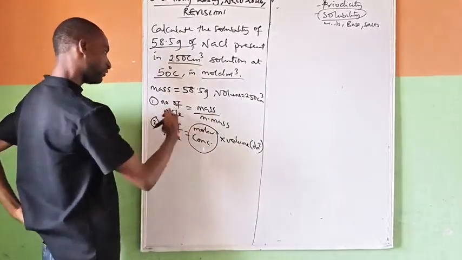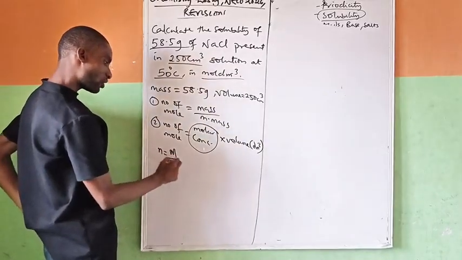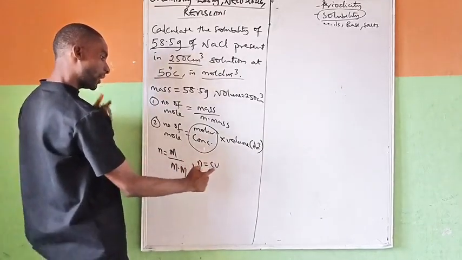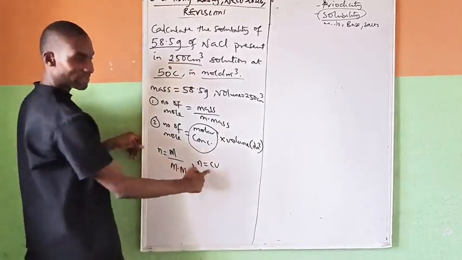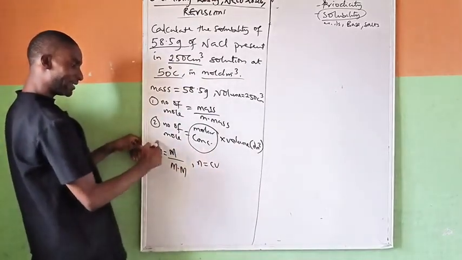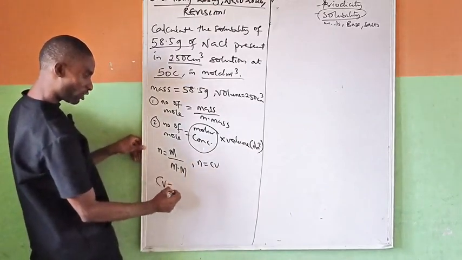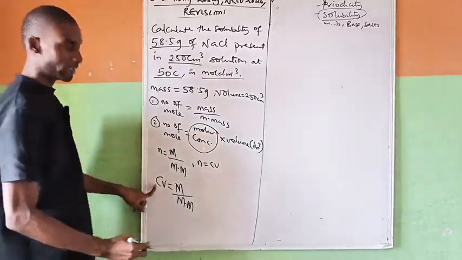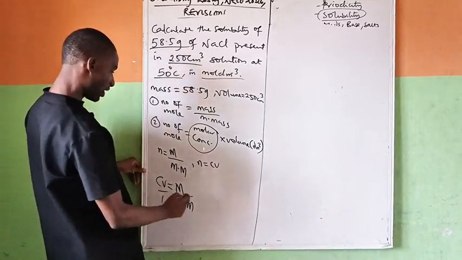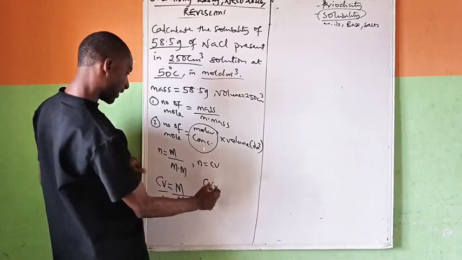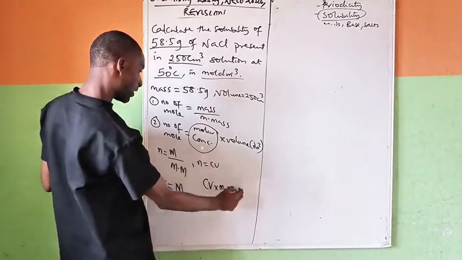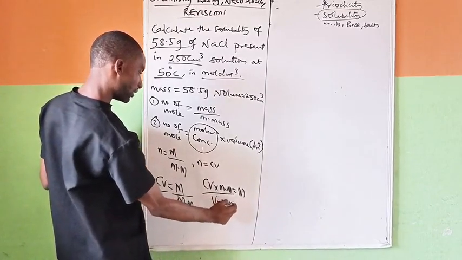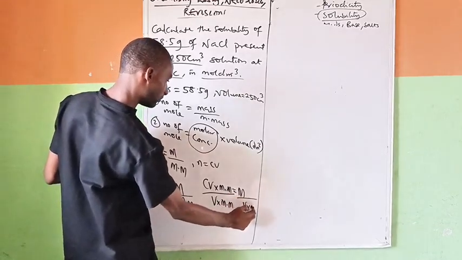So my first equation is number of mole equals mass over molar mass. My second equation is N equals CV. So if N is this and N is this, therefore CV equals M over MM. Then I will make my C the subject of formula, and that will be my solubility. So I'll cross multiply. I will have CV times MM equals M. Divide both sides by V times MM.